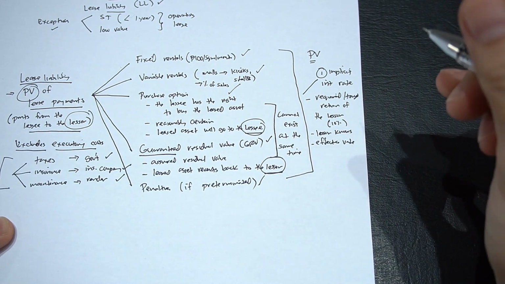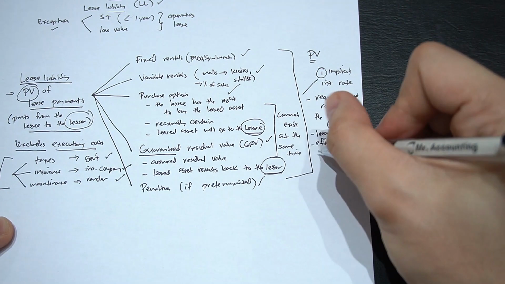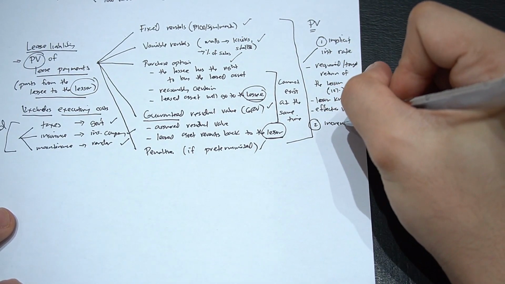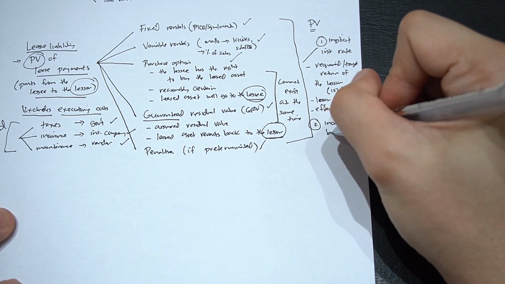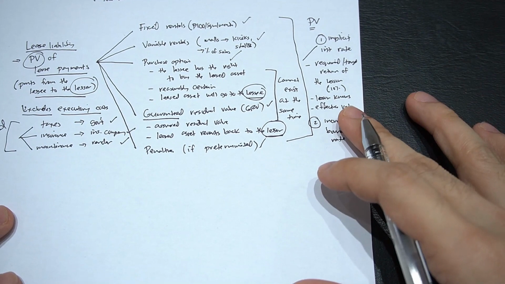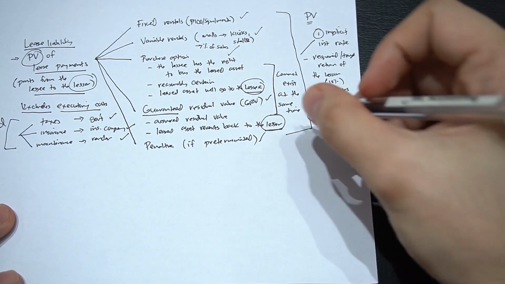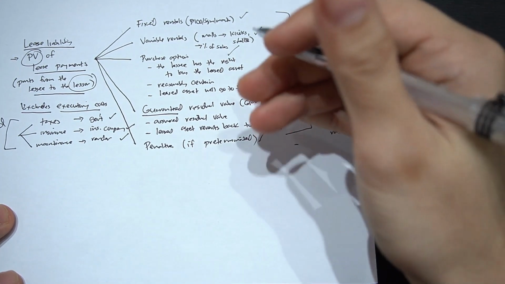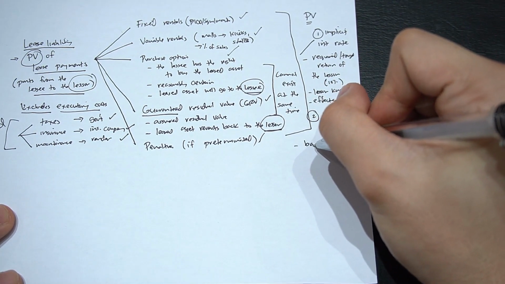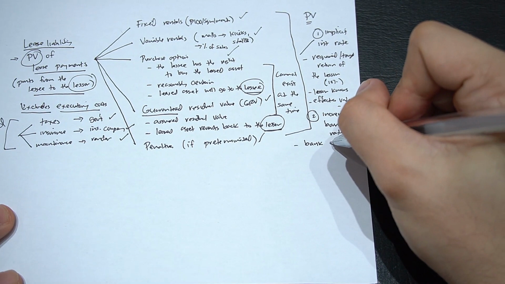Okay? Now, if hindi given yung implicit rate, ang gagawin mo next is what we call incremental borrowing rate. Sir, ano naman yung incremental borrowing rate? So, basically, class, ang ibig sabihin yan, pag si lessee, okay, bumili siya ng similar asset, ano yung i-charge sa kanya ni bank? Okay?